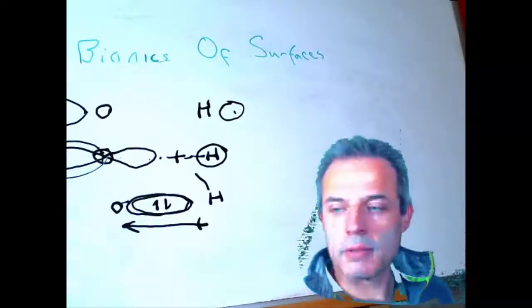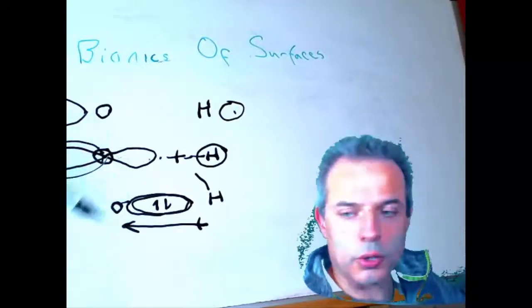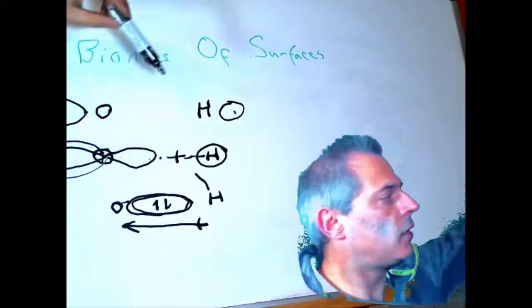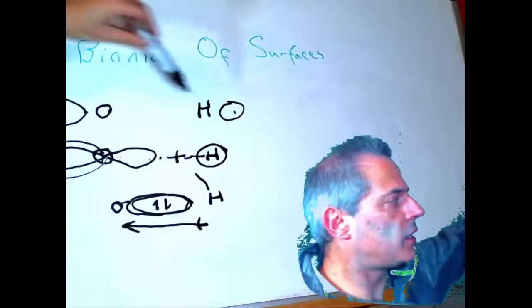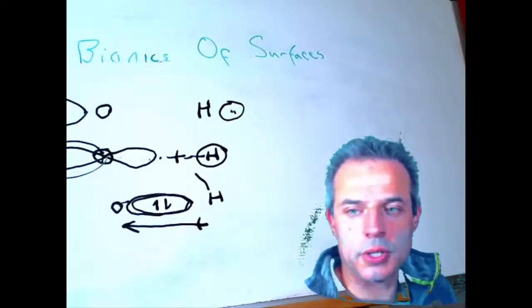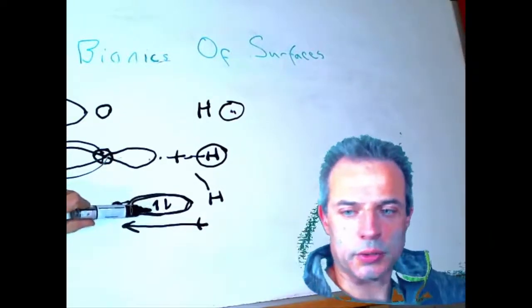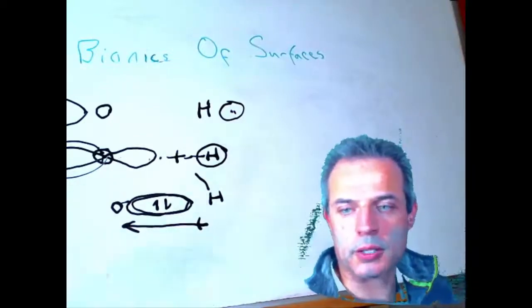If I have another chemical that comes along and attaches to my hydroxide or water or whatever it is, it has to attach in a direction where there's a potential for forming a bond. This orbital that has no electrons in it is a place where I can put electrons, and this orbital, which has electrons in it, is a place where I can steal electrons if I have something that can grab electrons off it.